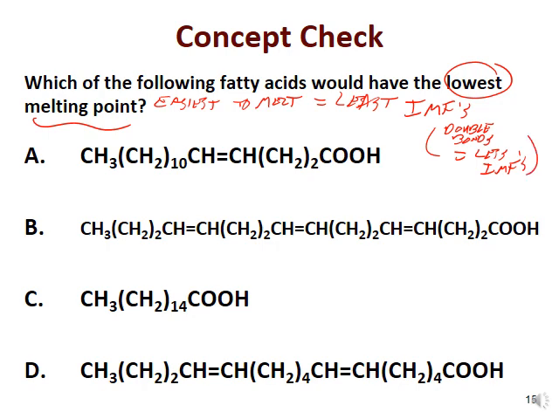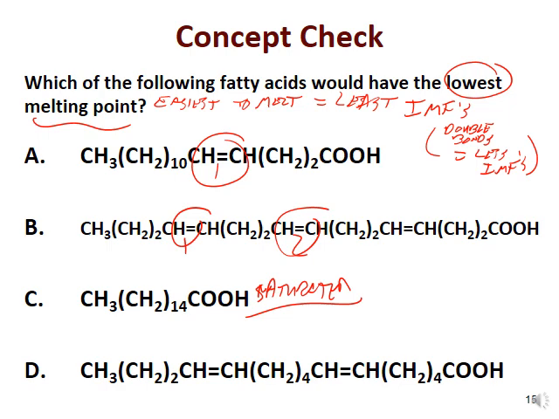So anything that has a double bond would be easier to melt. This is saturated. I don't see any double bonds, do you? This has one. This has 1, 2, 3. And this has 1, 2.